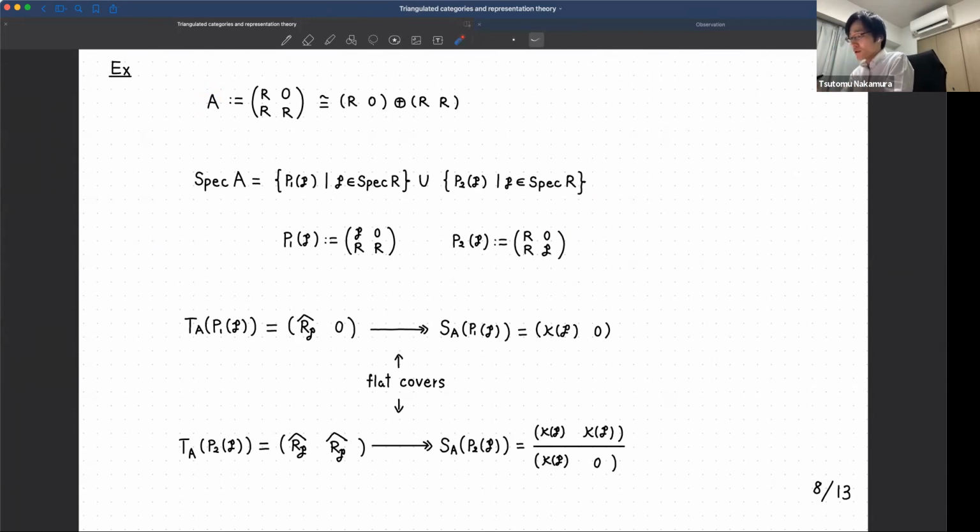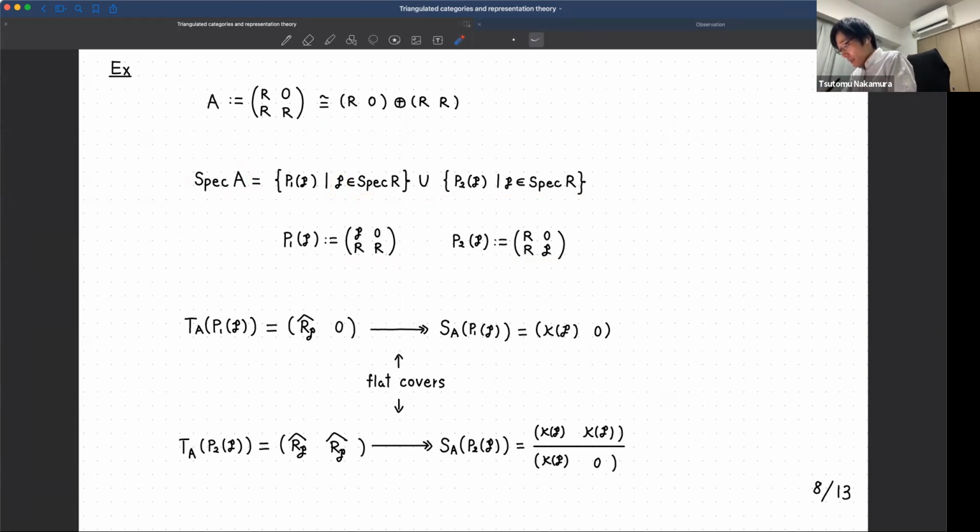As a right module, this decomposes into these projective A-modules. And the spectrum of A can be written in the following way, where P1 is a prime ideal of A of this form, and P2 is a prime ideal of this form, where P runs through all prime ideals of R.